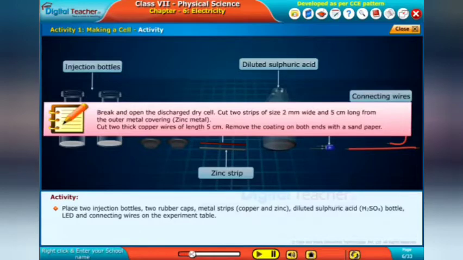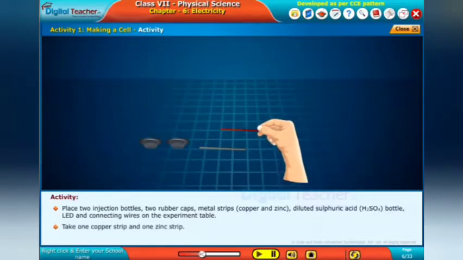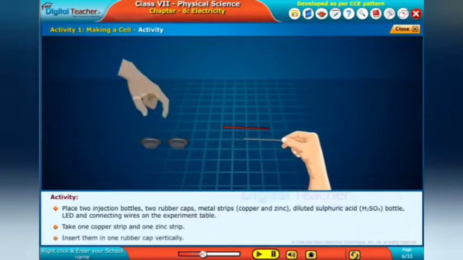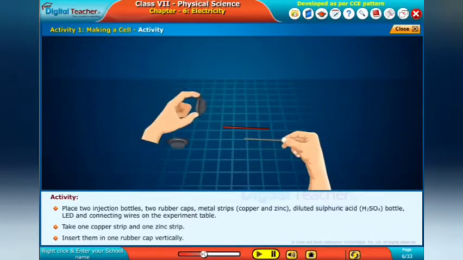Cut 2 strips of size 2 mm wide and 5 cm long from the outer metal covering, that is zinc metal. Cut 2 thick copper wires of length 5 cm. Remove the coating on both ends with sandpaper. Take 1 copper strip and 1 zinc strip. Insert them in 1 rubber cap vertically.